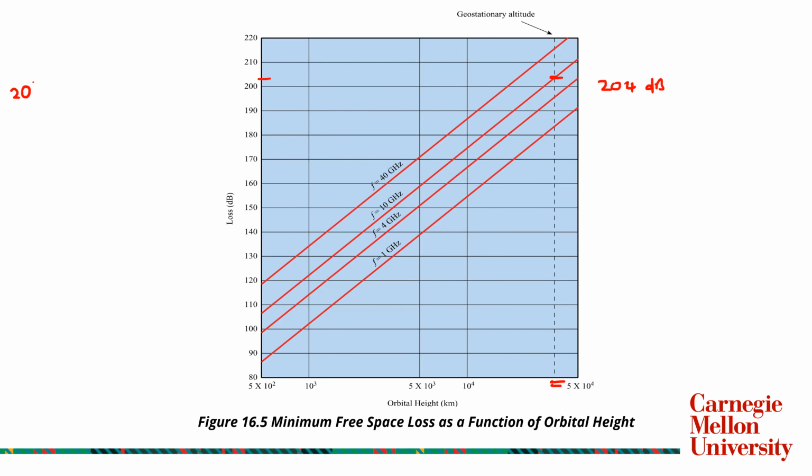So we have 20 log 10 of the frequency, that was 80 loss, plus 20 log 10 of the distance, which is 20 log 10 of 35,863, plus 32.44.